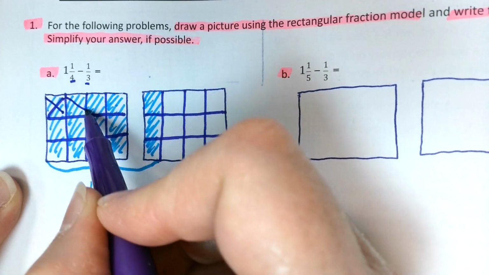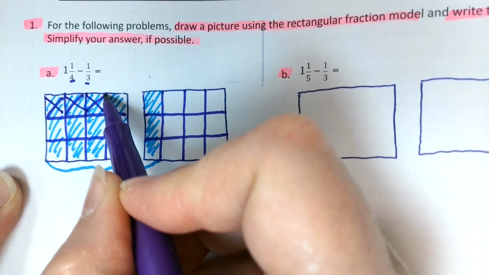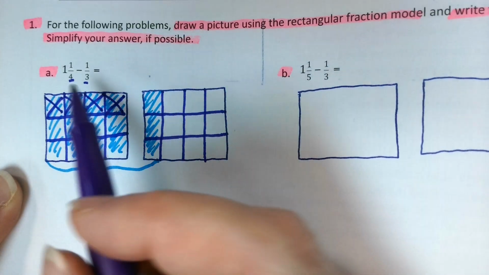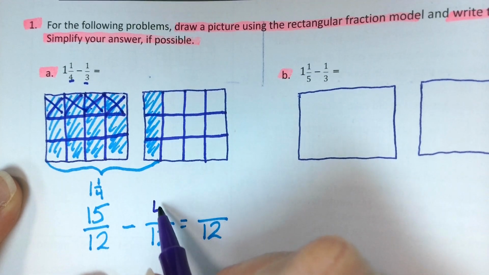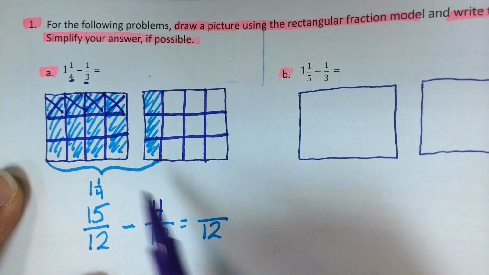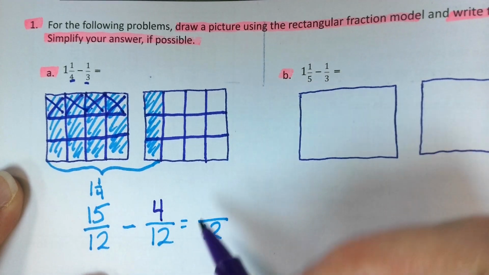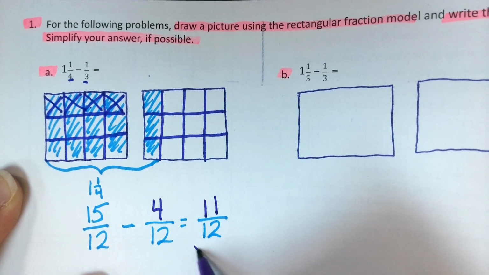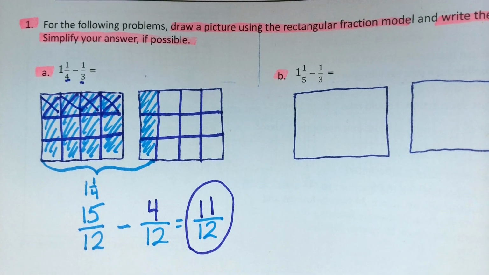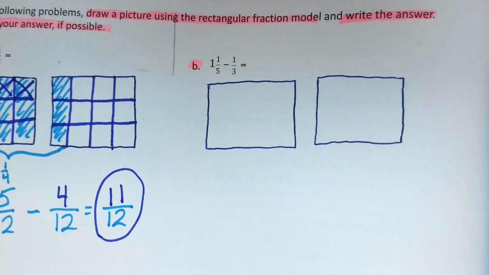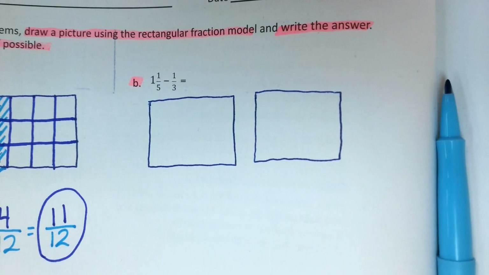I am going to take out this third. How much did I take out? 1, 2, 3, 4 twelfths. And what is 15 minus 4? That is 11 twelfths.